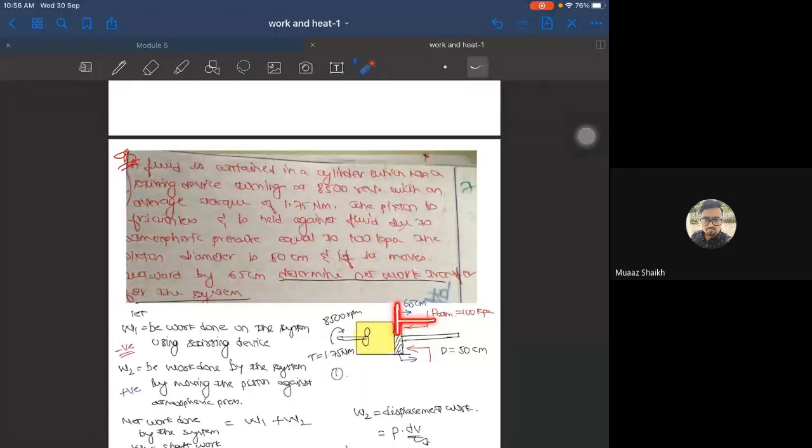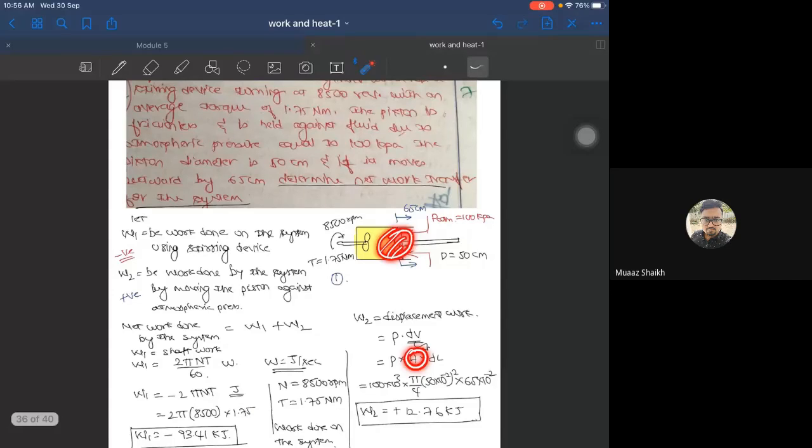If I want to calculate the change in the volume, I must multiply the area of the cross section with the change in the length. So that is what I've done. So DL is nothing but your 65 centimeter by which it has moved.